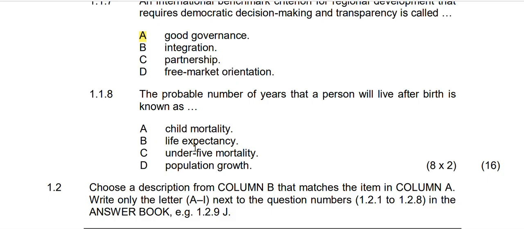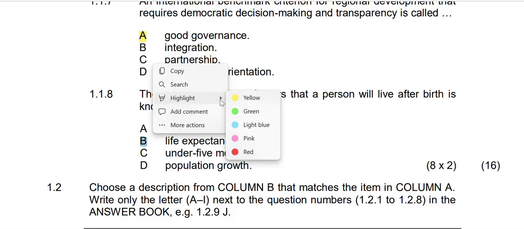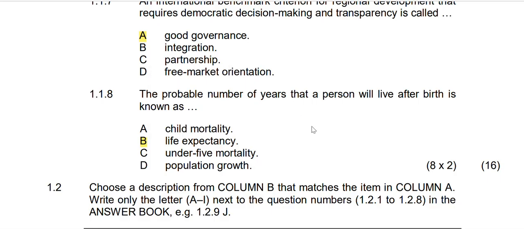And the correct answer is B, which is life expectancy. Why is it life expectancy? It was the probable number of years that a person will live after birth. So it's the entire number of years that you're expected to live after you are born.